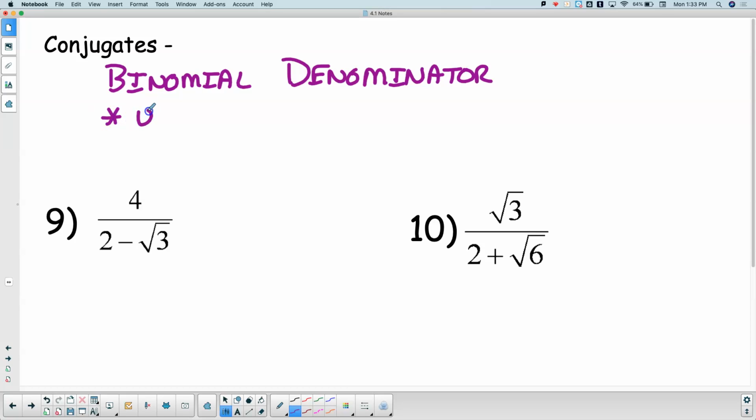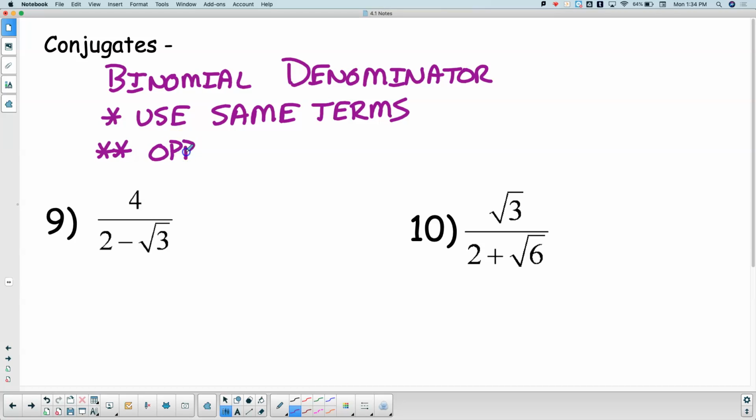You're going to use the same terms in the same order, but you're going to change to the opposite operation.